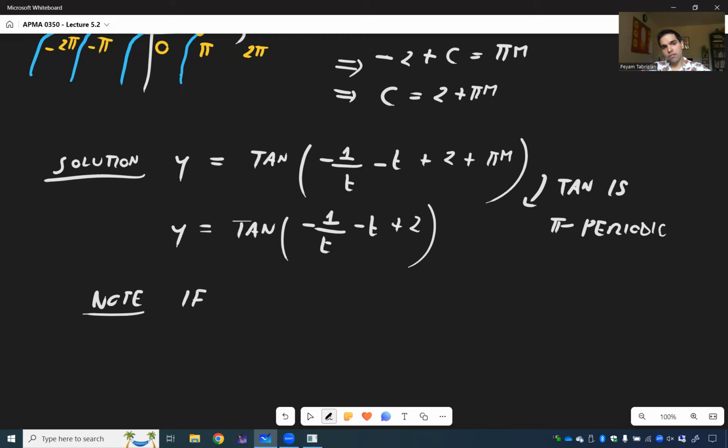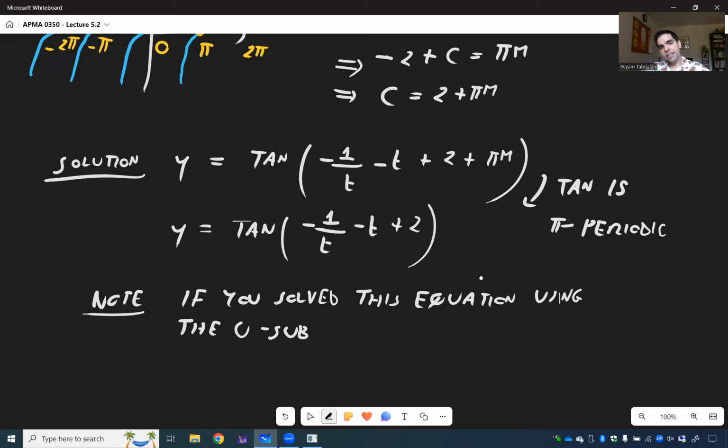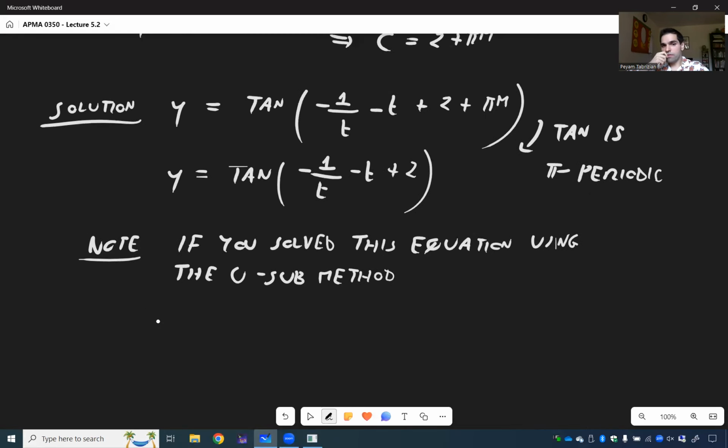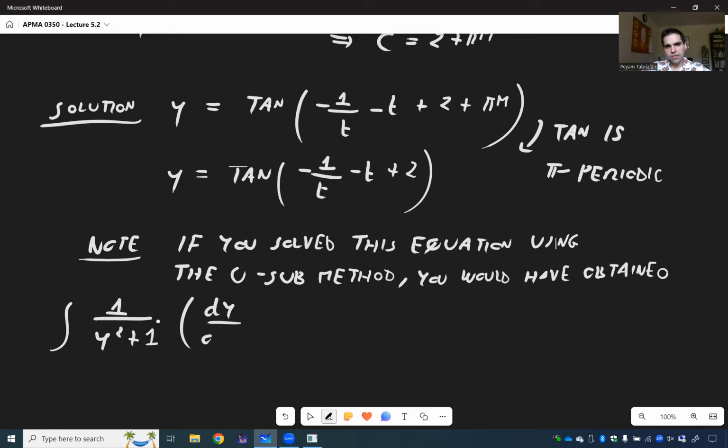Because note, if you solve this ODE using the previous method with the u-sub, which was more rigorous but a bit slower, you would have obtained the following: the integral of 1 over y squared plus 1 times dy over dt dt, now just integrating the two equations, equals the integral of (1 minus t squared) over t squared dt.